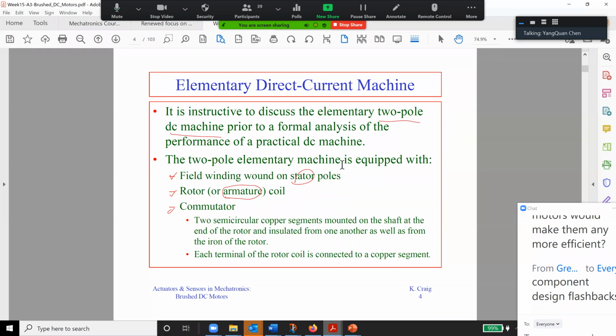Usually you have field winding for the stator.